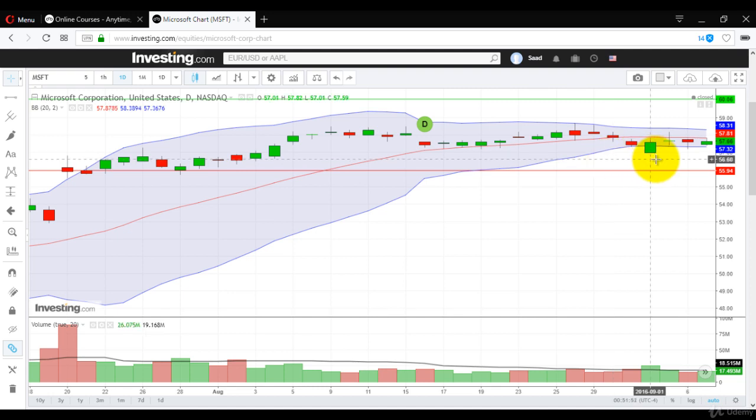Because the purpose of hedging is to try to hold on to the stock as long as you can. Please remember this. The real purpose of hedging is to try to hold the stock as much as you can. And if it goes down, then it's down.